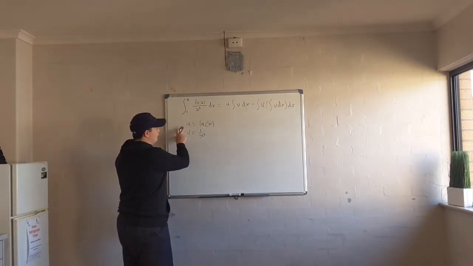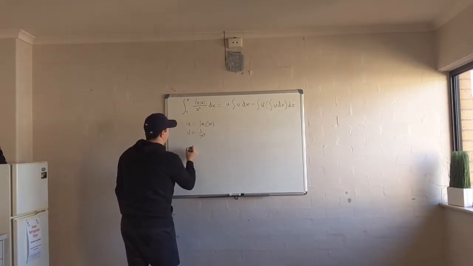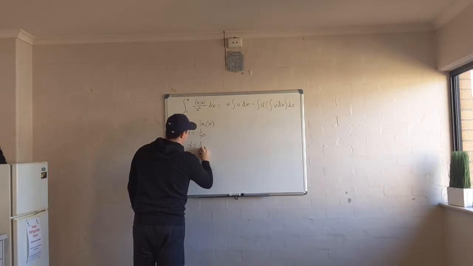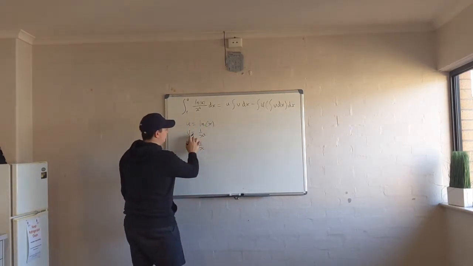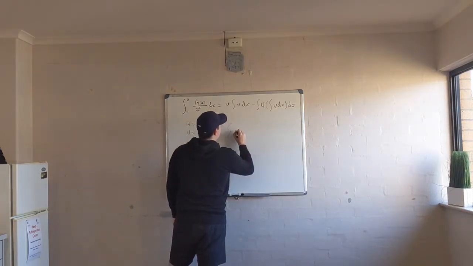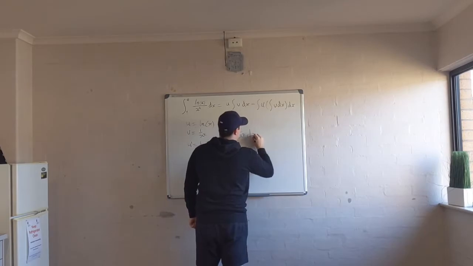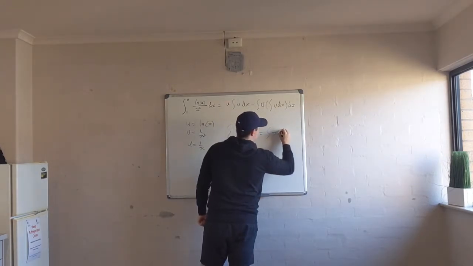So the derivative of u, the natural log of x, is 1 over x. And then the integration of v, we just take this, 1 over x squared, which is equal to x to the power of minus 2.